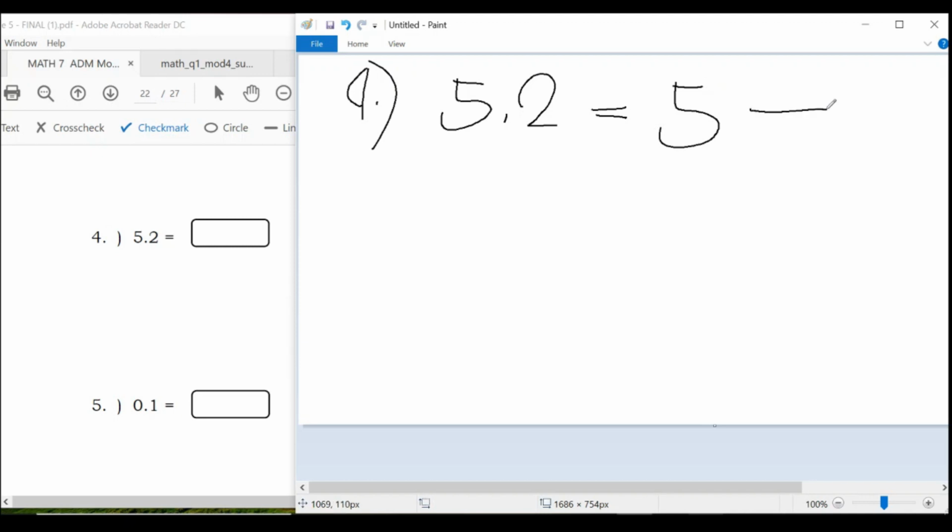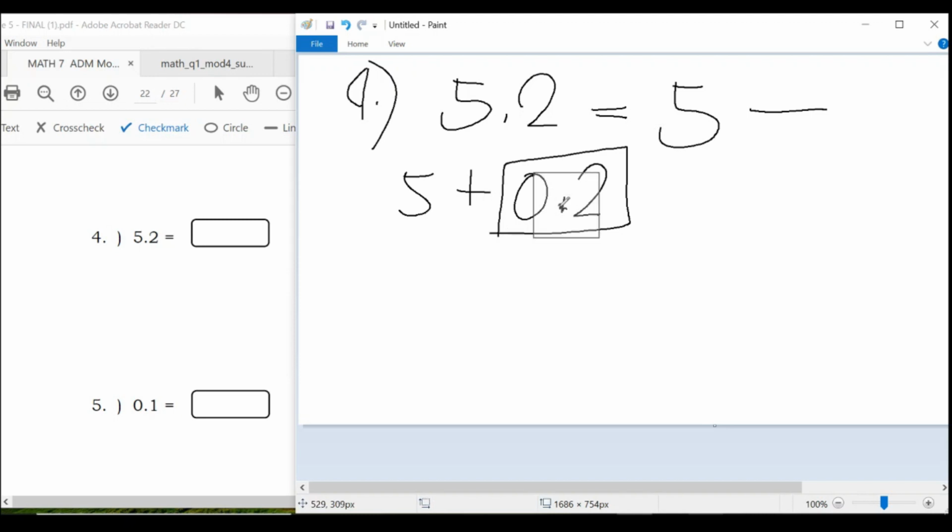Tapos may proper fraction, a whole number and a proper fraction na hanapin na natin. Nag-represent ni 0.2 kasi 5 plus 0.2 yan. So we will now express 0.2 to a fraction form.